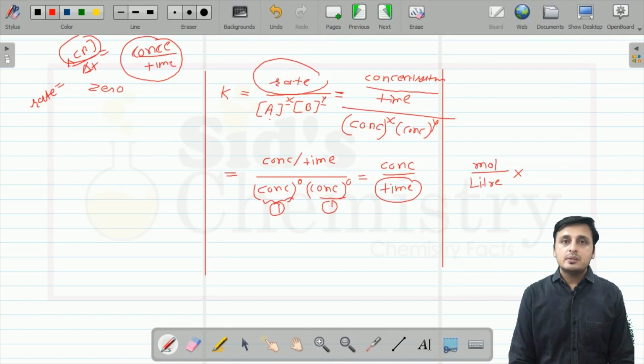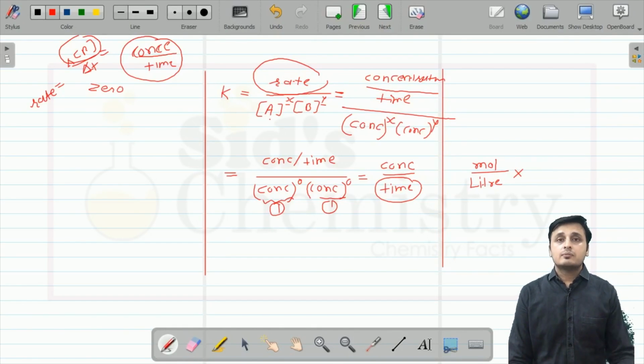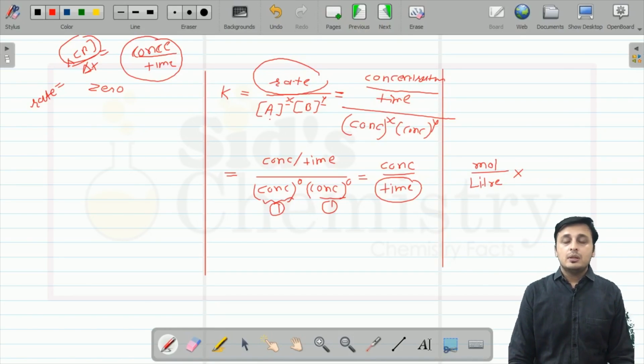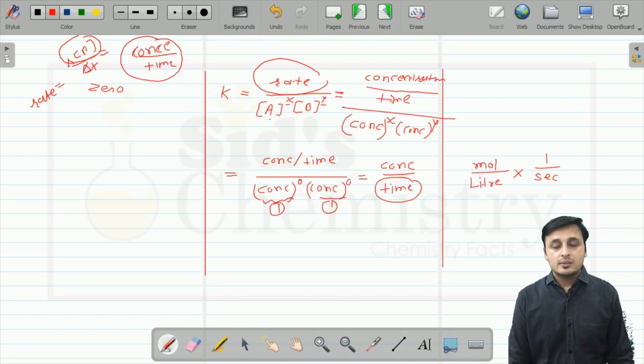Time is represented mostly in seconds, but if it is asked in hours, minutes or days, you can convert it to any time. Anywhere in the MCQs and numericals, if they ask a different way, you can convert it. Time is already in the denominator side, so we will write 1 upon second.